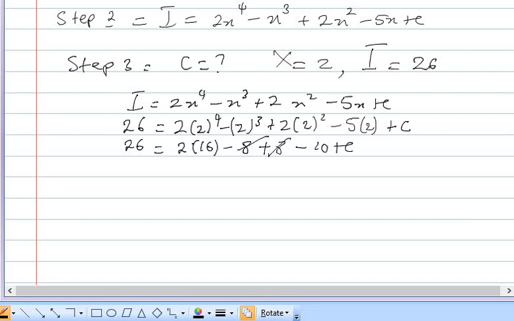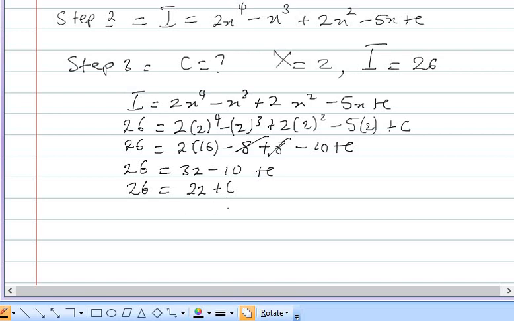Then we can say 26 is equal to 16 times 2, that's 32. So we can say 32 minus 10, then plus c. So we can say 26 is equal to 2 times 10, which is 22, plus c.